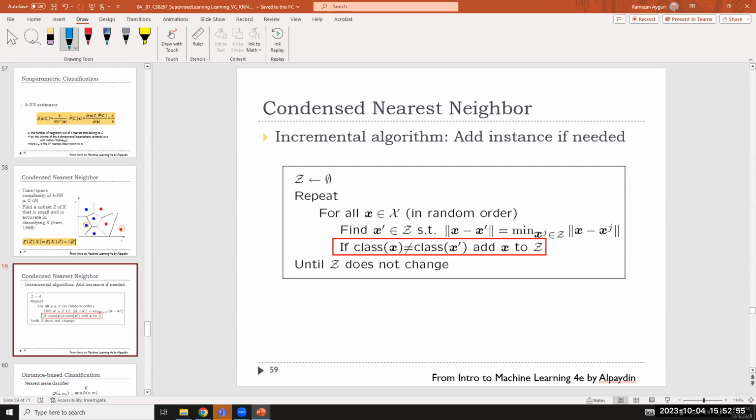I'm going to explain it this way. All the data points that go into this region are all positive.